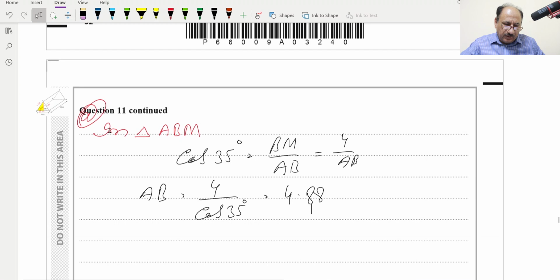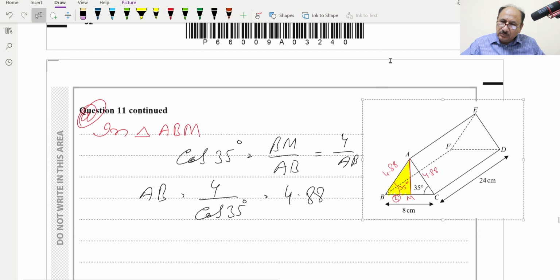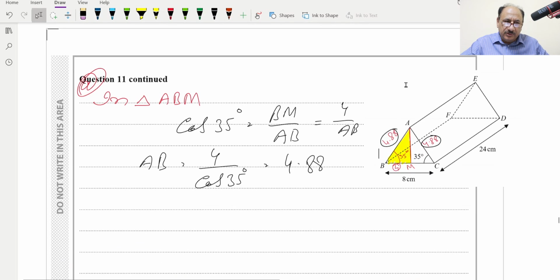Instead of referring again and again to that diagram, I have copied the same drawing over here, and we can refer to this drawing. So 4.88 is this one, and this one, both sides are 4.88. Now we can find the area of the triangle because we have two sides and the angle also.